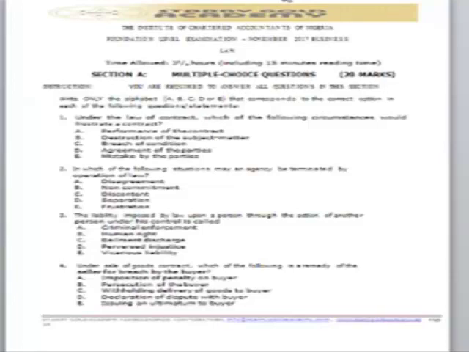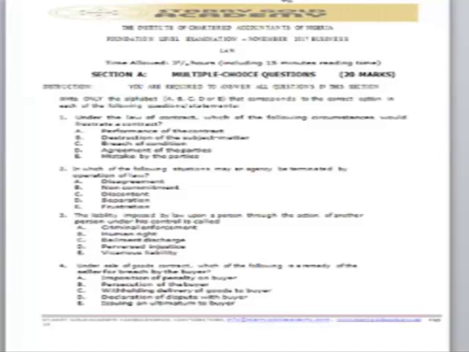So we have performance of the contract, destruction of the subject matter, breach of condition, agreement of the parties, mistake by the parties. Whichever one you know is very close. Sometimes you may have alternatives that almost look alike, but you look for the one that fits the question better. That is what I want to say here.